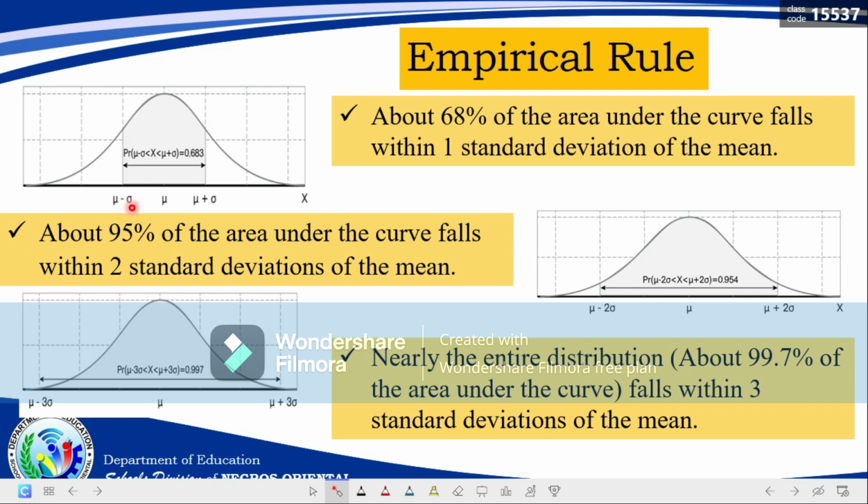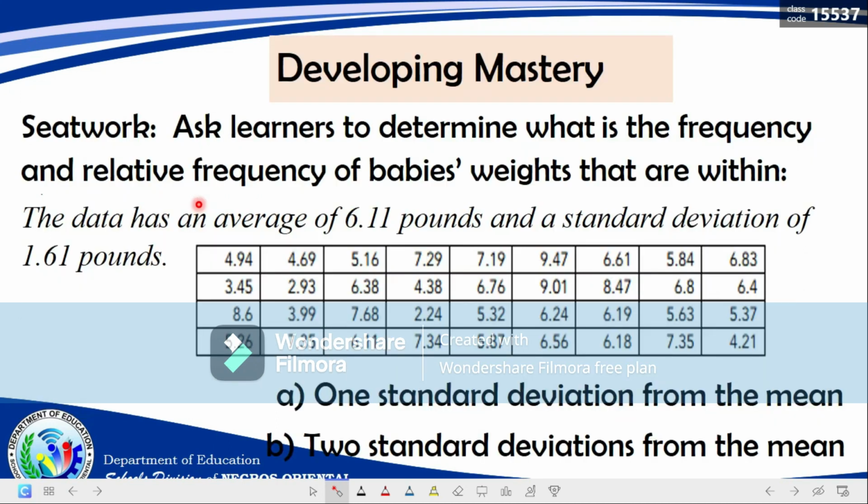Then within those intervals, you are going to count the number of observations under one standard deviation from the mean.